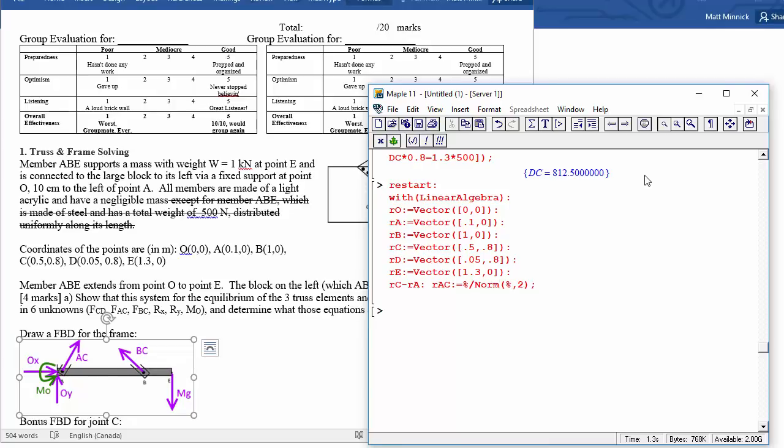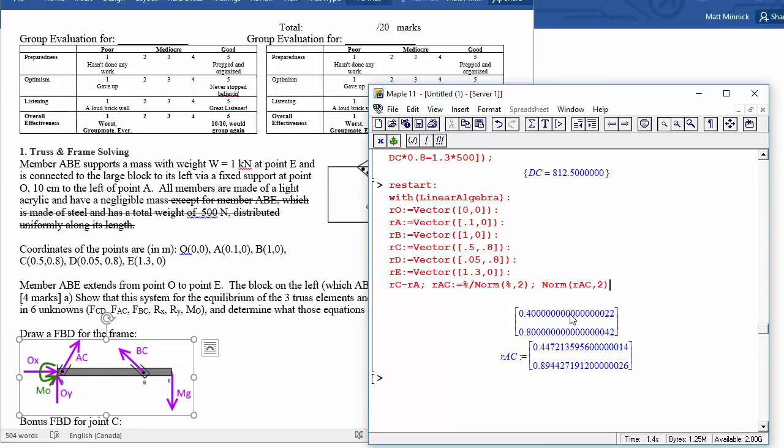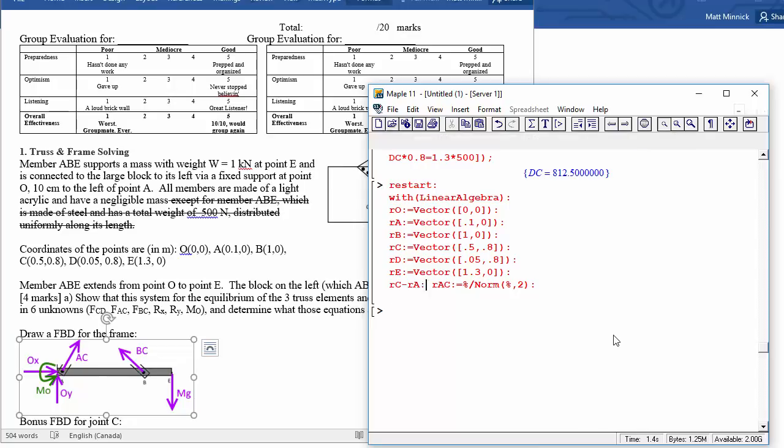Think for a moment about what this is doing. First we compute position C minus position A, and then we take that thing and divide it by its own norm to get a unit vector in the same direction. So there we go. The norm of this thing should be 1. Ta-da. Now we've got a syntax for writing out unit vectors quickly and effectively and efficiently in Maple.